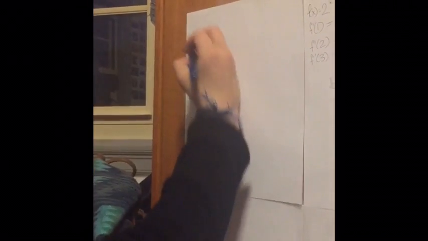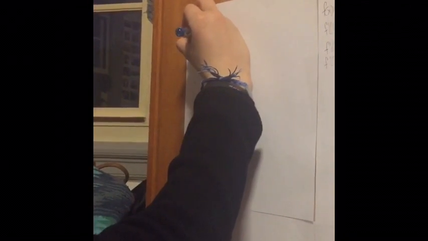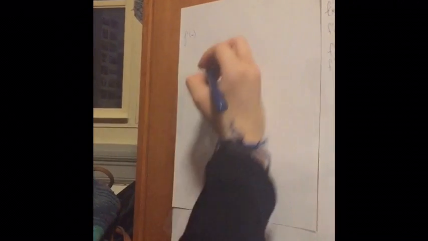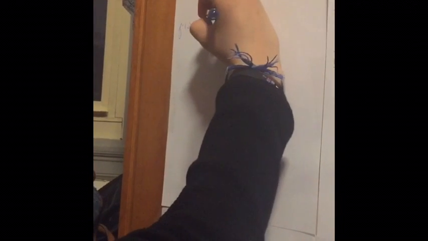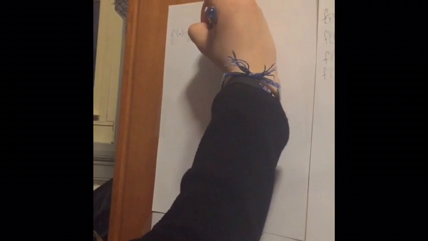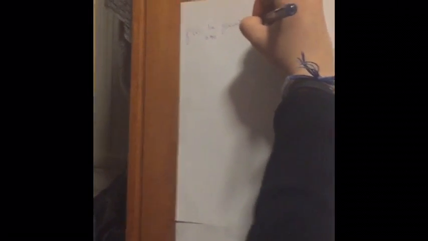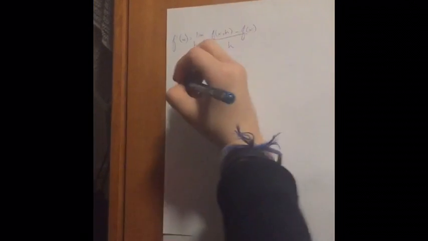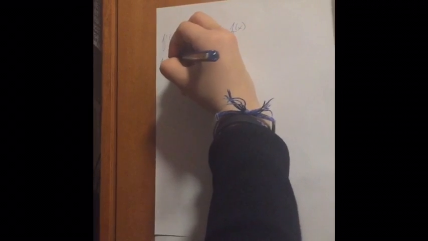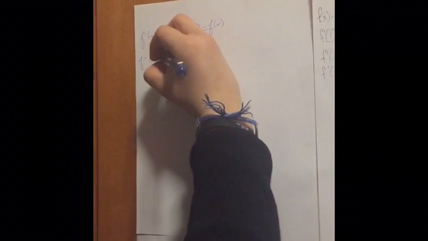Okay. So first, let's try using the limit definition to find the magic number. The original formula is f prime of x equals the limit as h approaches 0 of f of x plus h minus f of x over h, to review. So we'd plug in our 2 to the x.